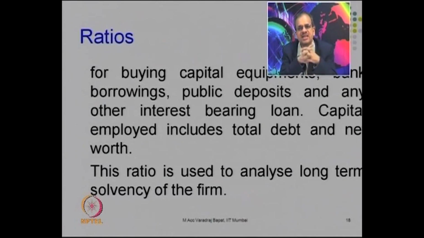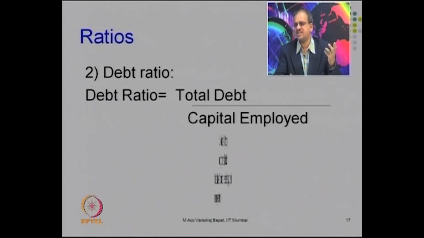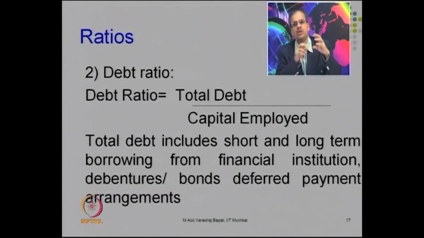So, this tells us the long term solvency of the business. Now, is it better to have a higher ratio? Let us say this is a debt ratio. Is it good to have a higher debt ratio or a lower debt ratio? What happens is, if your debt ratio is high, it means that more of your assets are financed by outsiders' borrowed money.